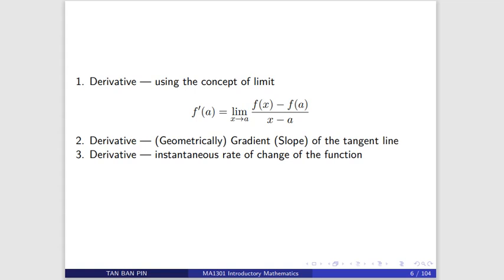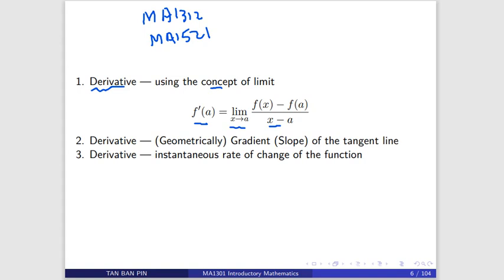If you do the next course, like MA1312 or MA1521, you'll be learning how to find derivative using the concept of limit. The derivative f prime a is defined to be the limit as x tends to a of (f(x) minus f(a)) over (x minus a).